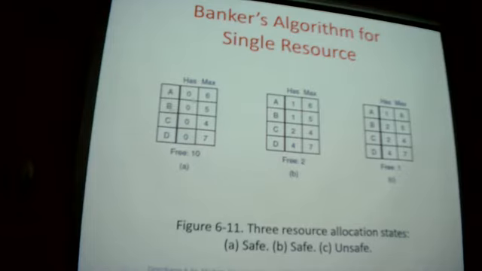Customer B, customer C, and customer D. And this banker has a total of 10 units. So the banker will think about how much it can allocate to multiple customers.